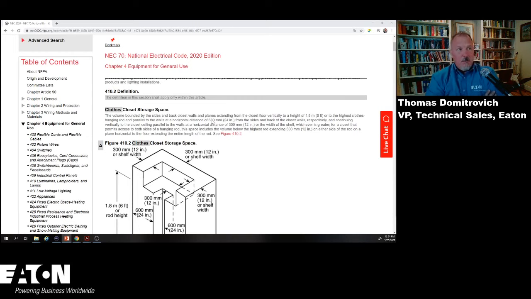So my question would be, if I don't have a rod, does that mean it could still be a closed closet?